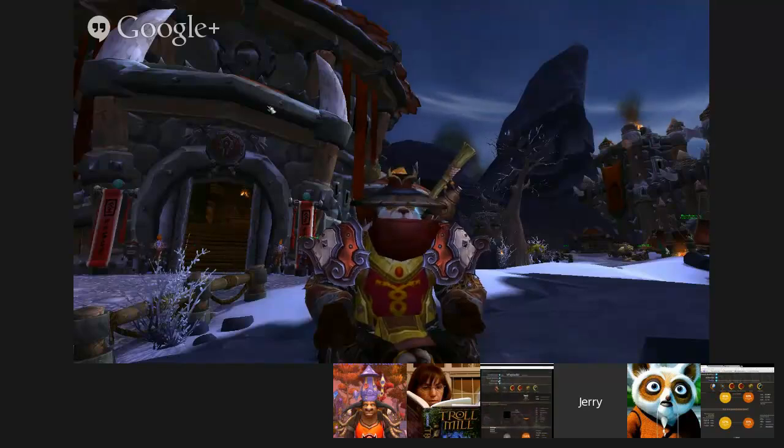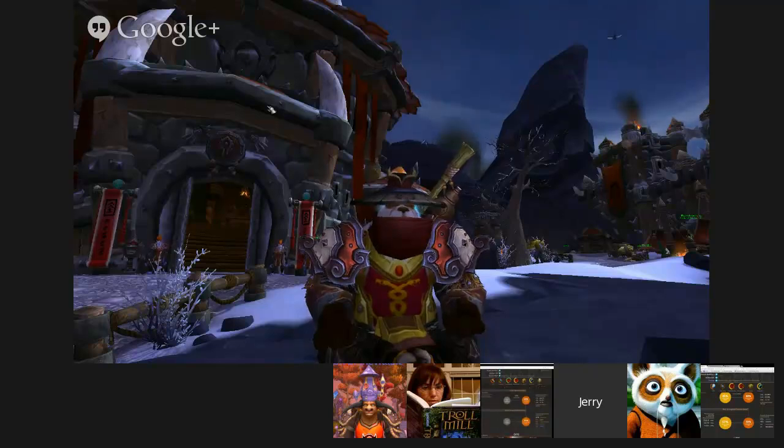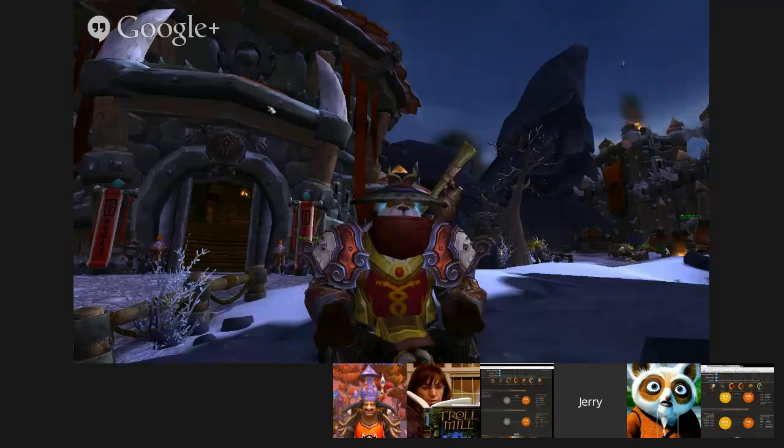For example, Ranhar and I are both Resto Shamans when we do the R&D runs. Not infrequently I'll look and see how we did relative to one another in terms of healing through a particular fight, keeping in mind the roles we agreed upon. Are we tank healing or raid healing?